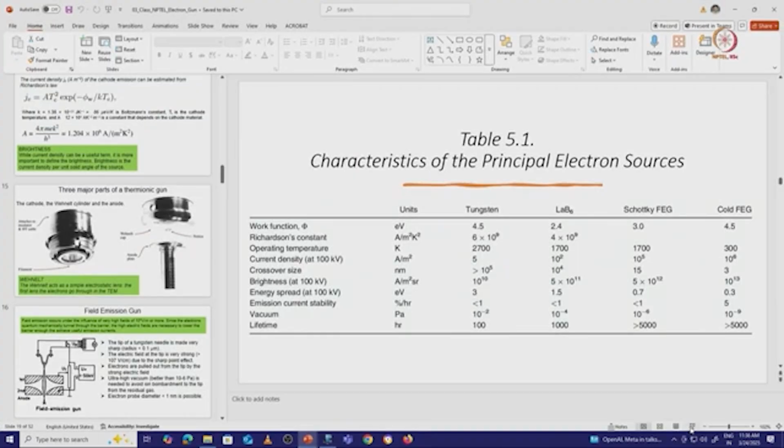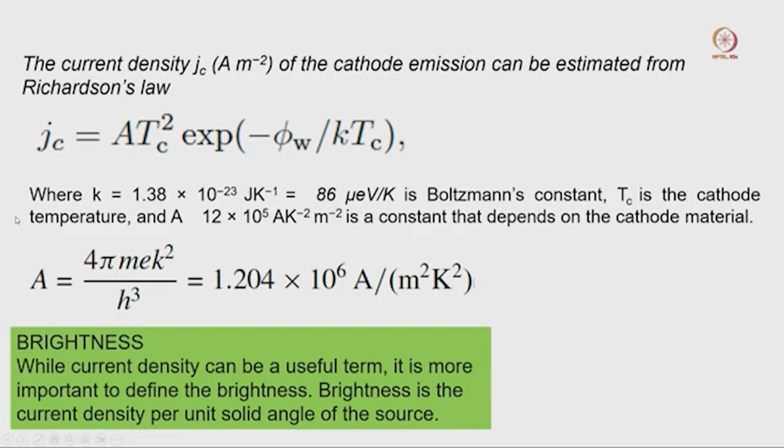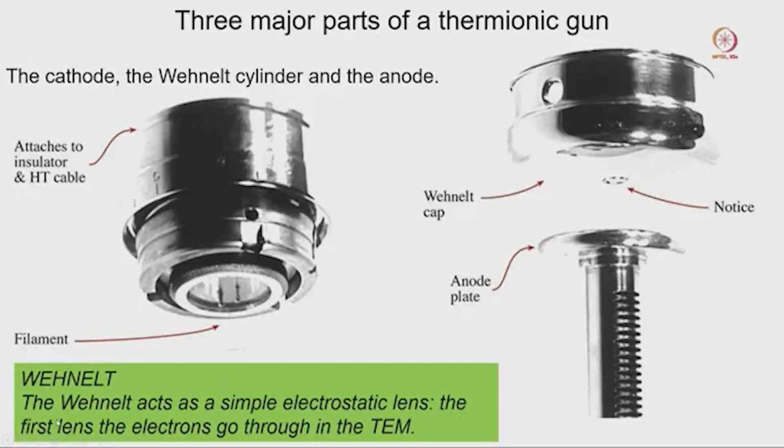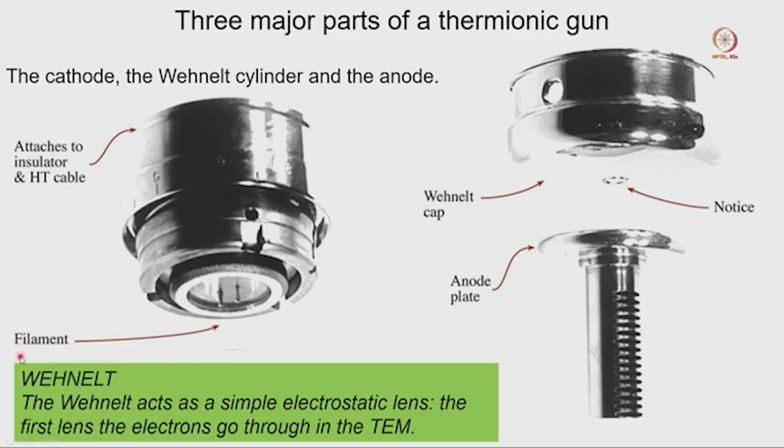Now let's take a look at the different types of filament. It will really help us understand what we are talking about so far. If we look at this filament, you can see there are three major parts of a thermionic gun. We already discussed the thermionic gun.